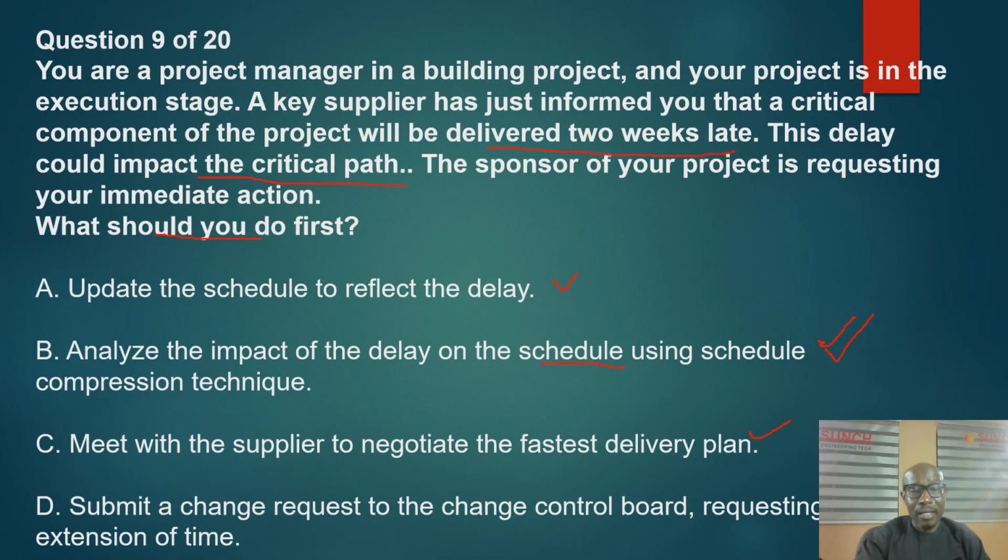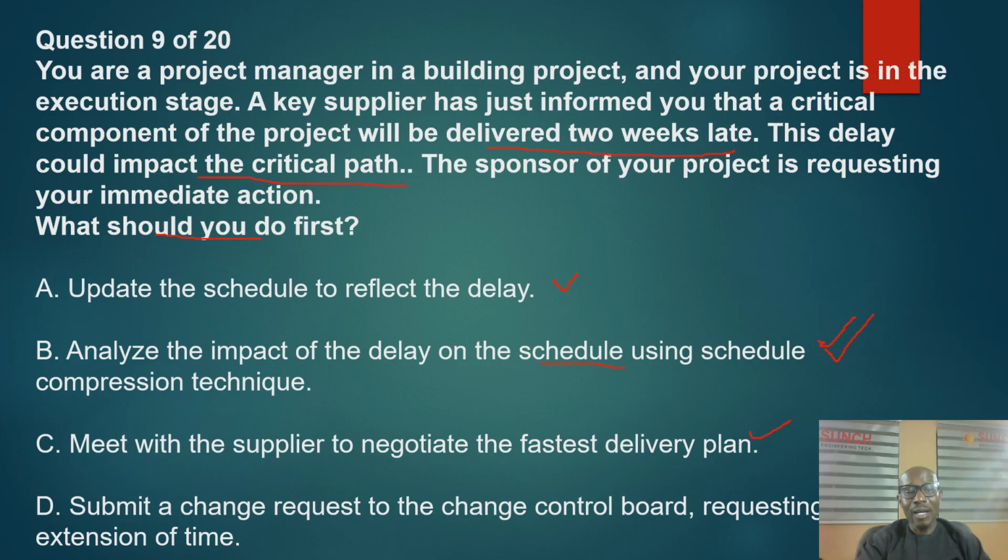So let's look at D. Submit a change request to the change control board requesting an extension of time. Well, you can do this, but it is not the first thing to do. It's after you must have exhausted all avenues.